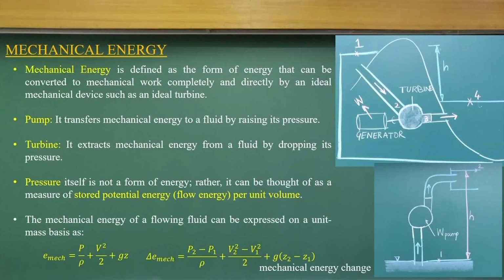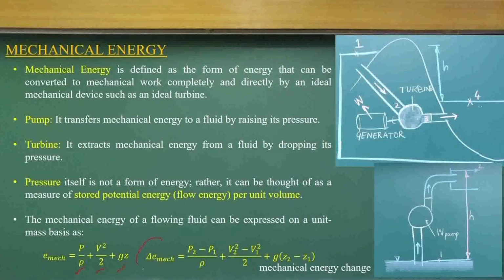If I come back to Bernoulli's equation, I have three terms which are defined as energy terms. And if I have two points, I differentiate between these two energies, and the difference shows me the net energy difference.